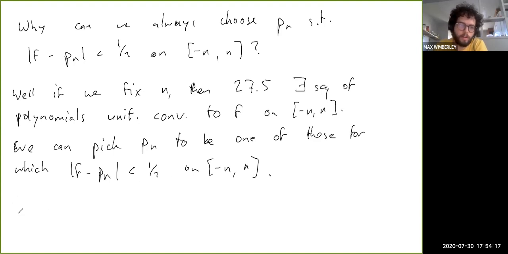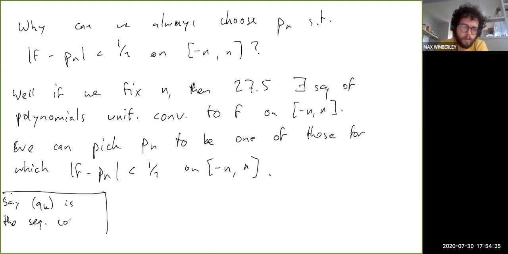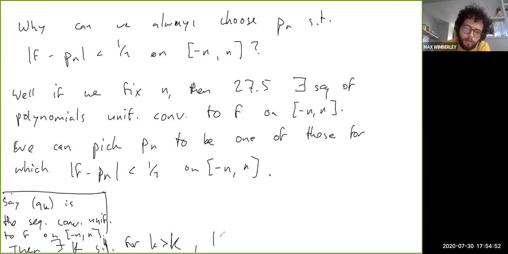Say Qk is the sequence converging uniformly to f on [-n, n]. Then there exists some K such that for k greater than K, the absolute value of f minus Qk is less than 1 over n on [-n, n].